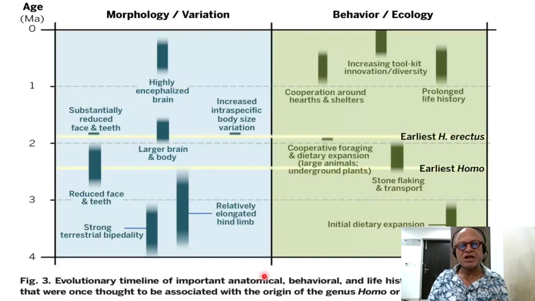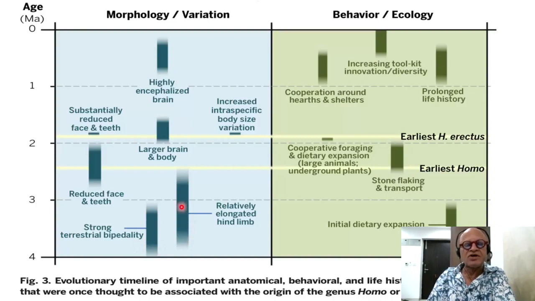So evolutionary timeline of important anatomical, behavioral, and life history characteristics that were once thought to be associated with the origin of genus Homo, or earliest Homo erectus, going back again to 4 million years. We can look at morphology, variation, and behavior and ecology. So strong terrestrial bipedality evolved with the Pliocene-Pleistocene transition and the East African eradication, as best as we can tell.